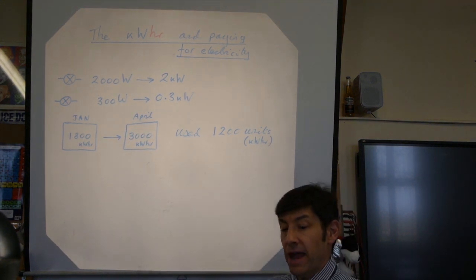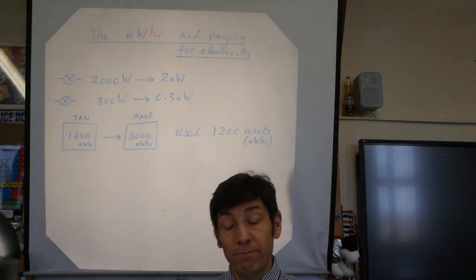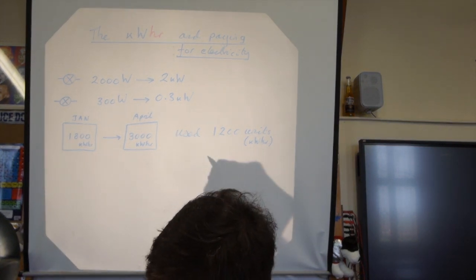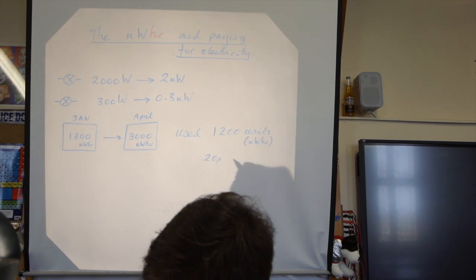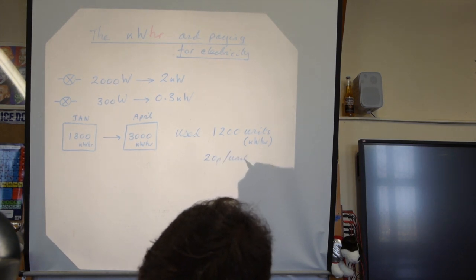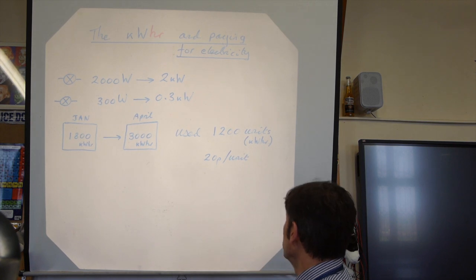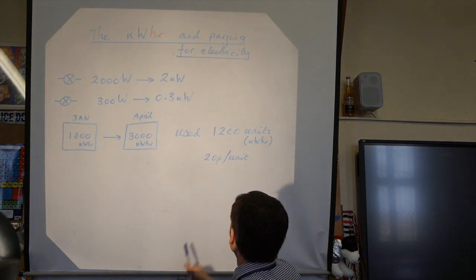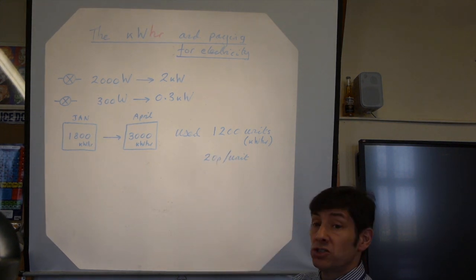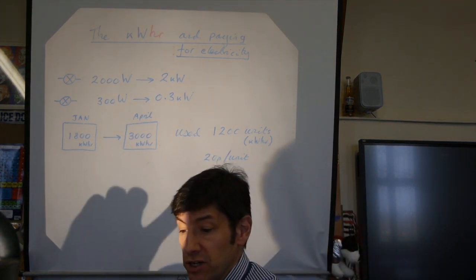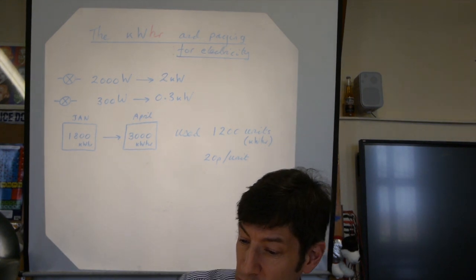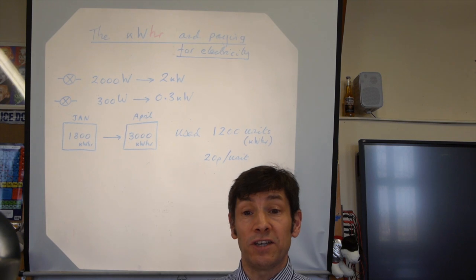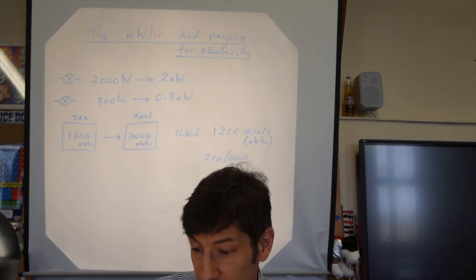Now to make the numbers fairly easy, shall we say that they charge you 20 pence per unit. So you look at that and you go, okay, if we've used in this time 1,200 units, and each unit is going to cost us 20p, then we multiply the two together. The thing to do in GCSE here is don't go into pounds, just keep it simple.